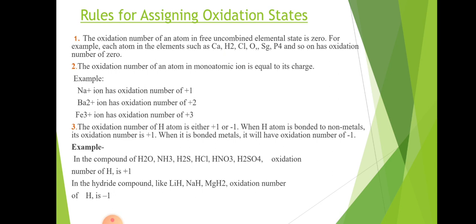In hydride compounds like lithium hydride, sodium hydride, and magnesium hydride, the oxidation number of hydrogen is -1. So +1 and -1 are the oxidation numbers of hydrogen in different compounds.